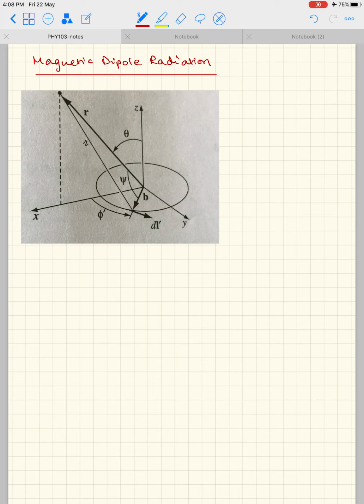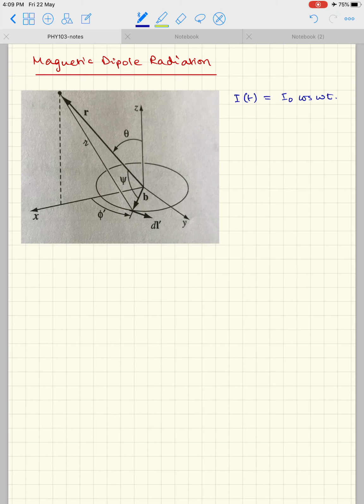So what we have here, as you can see in the figure below, is a wire loop of radius b around which we will drive an alternating current I, and that I of t is going to be of the form I naught cosine omega t.